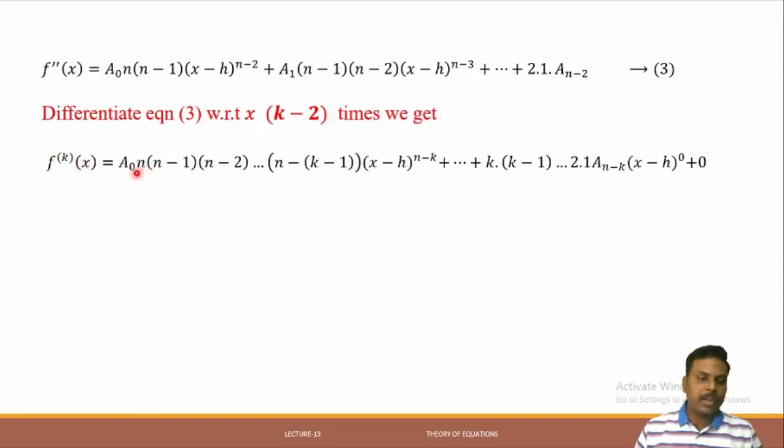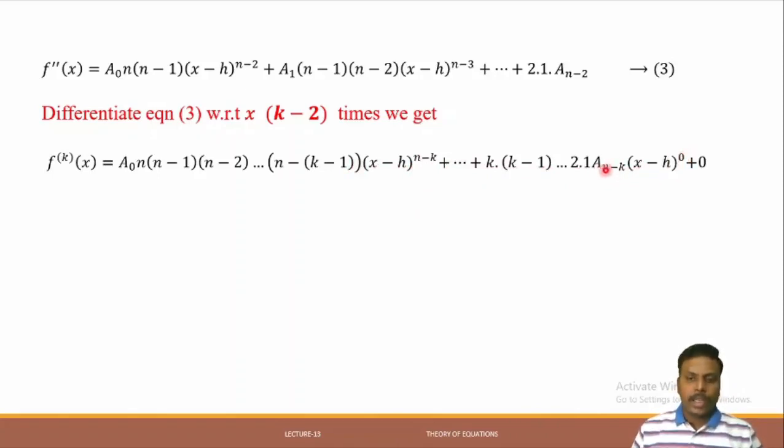Then this is equal to a_0 into n into (n minus 1) into (n minus 2) and so on up to (n minus (k minus 1)) into (x minus h) to the power n minus k, plus and so on, k into (k minus 1) and so on up to 2 into 1 into a_{n-k} into (x minus h) to the power 0.